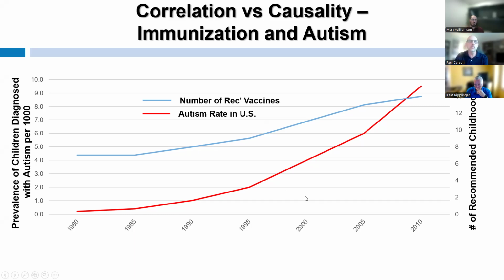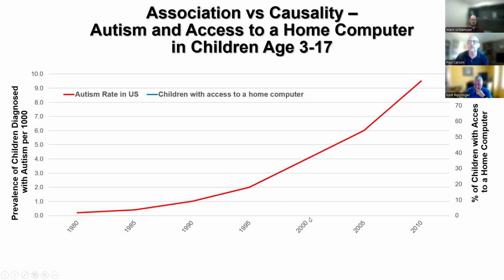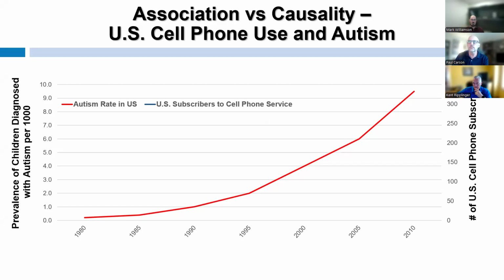I played around with a couple other databases on this. Here's autism plotted against children with access to a home computer. A little tighter correlation. Here's another one, autism rates versus US subscribers to cell phone service. Maybe even tighter yet. Do we think cell phones or computers are causing autism? I mean, you could ask the question, but just because there's a correlation doesn't mean it's causal.